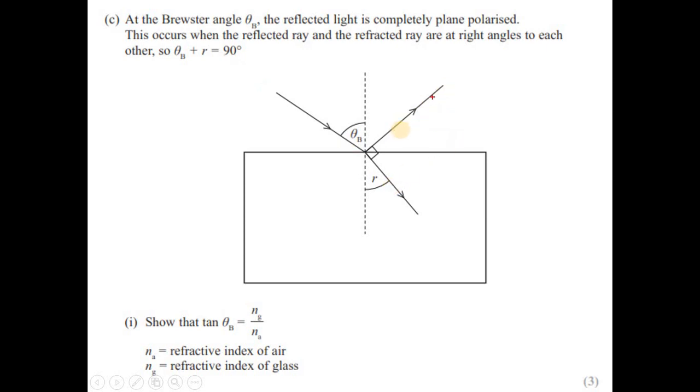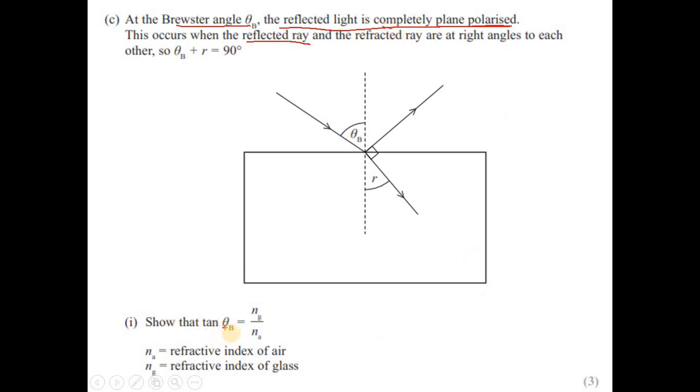So if the reflected and refracted rays are at 90 degrees, then at that moment the incident angle is called the Brewster angle theta b, and at this condition the reflected ray is completely plane polarized.